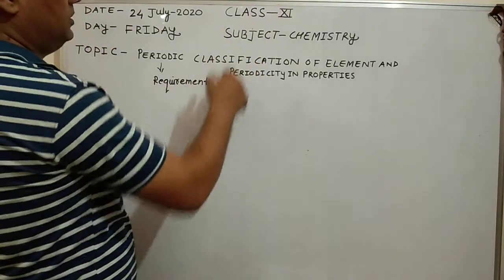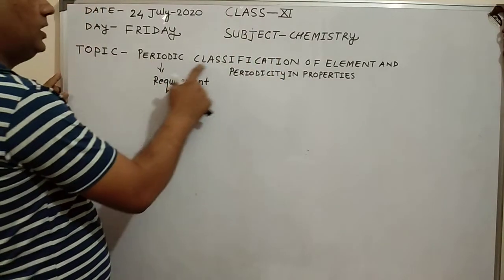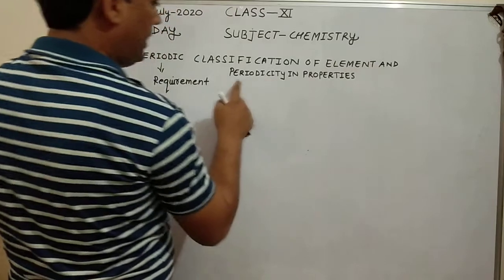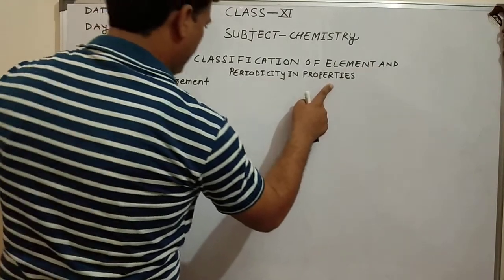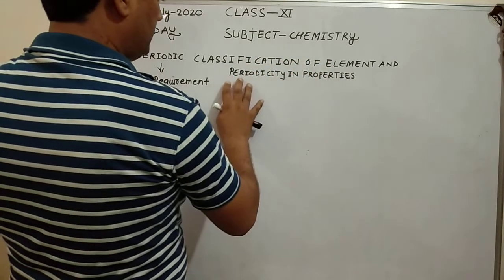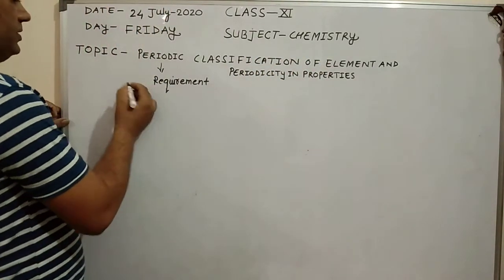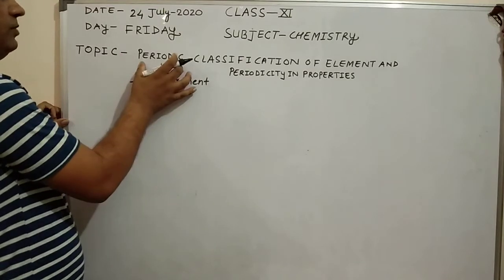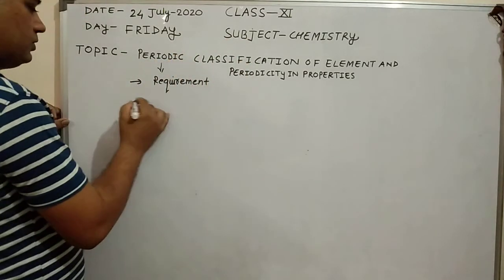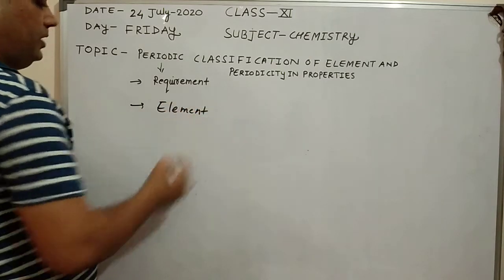Today I am going to discuss the chemistry of 11th class, and the topic is periodic classification of elements and periodicity in properties. To study this topic, what are the requirements? First of all, you should know the requirements for a particular topic. The first requirement is element.